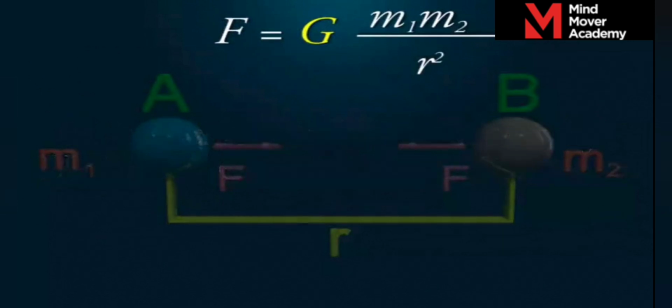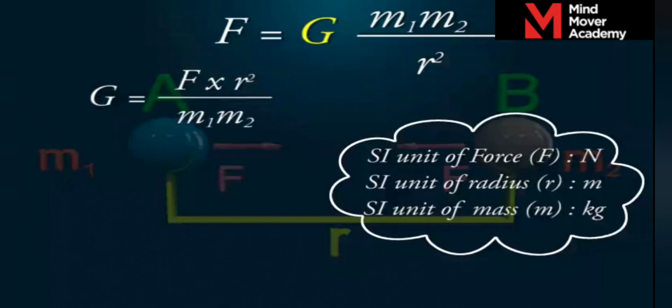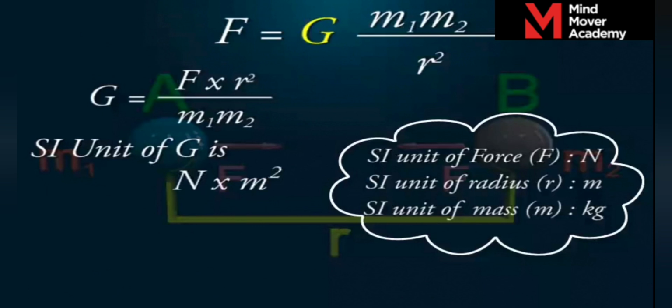From the above, we have G is equal to F into r square divided by m1 into m2. So, the SI unit of G is N m square per kg square.